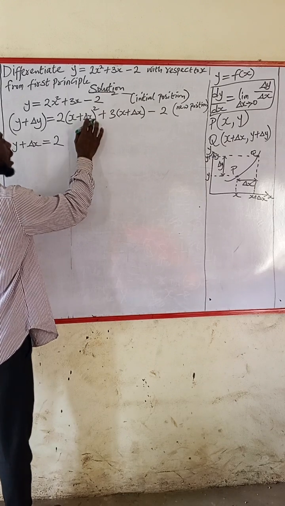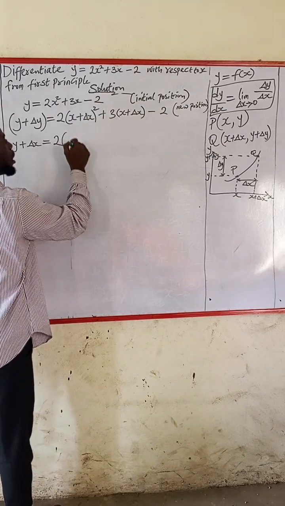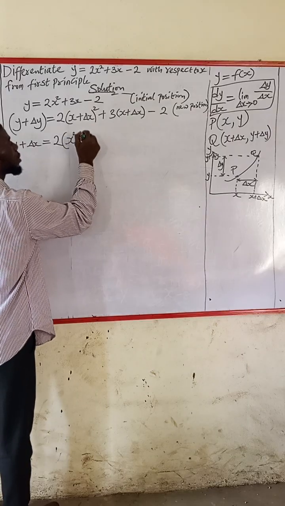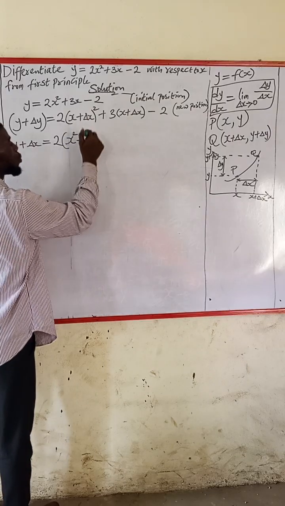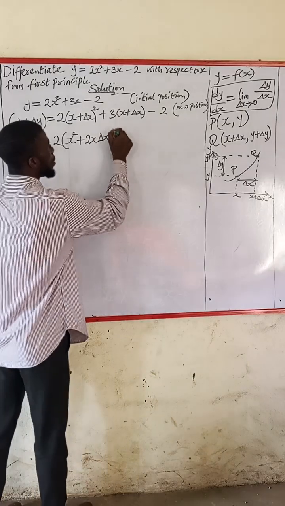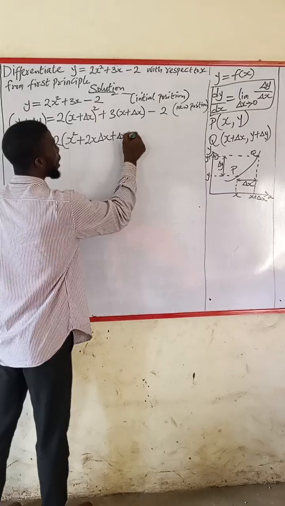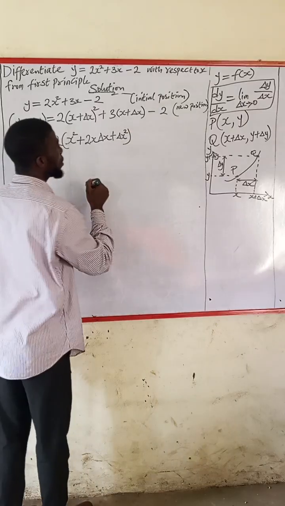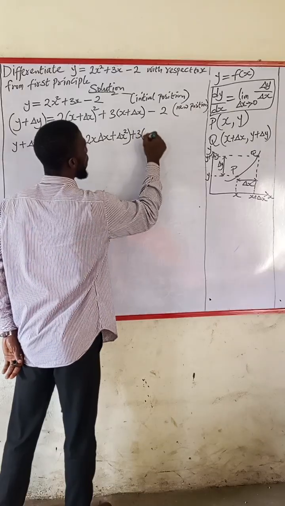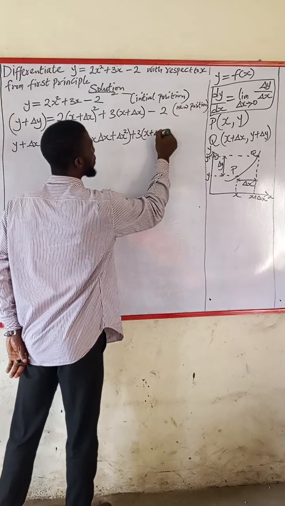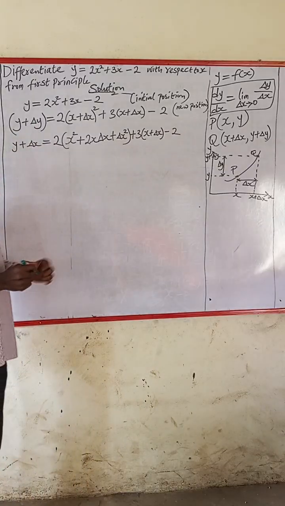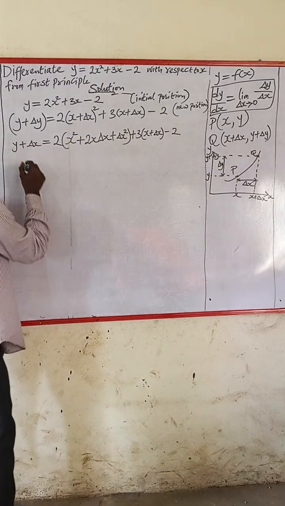This x plus change in x all raised to the power of 2 will give us x squared plus x times change in x times 2, which gives 2x change in x, plus change in x squared, plus 3 bracket x plus change in x minus 2. So we can proceed to remove the brackets.